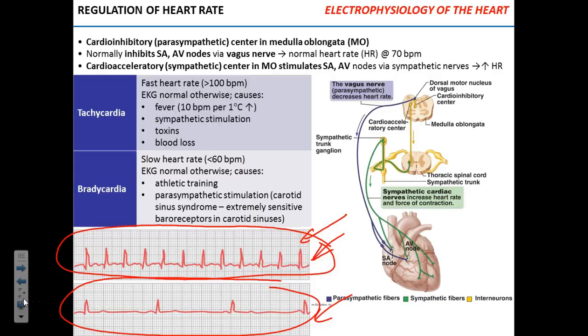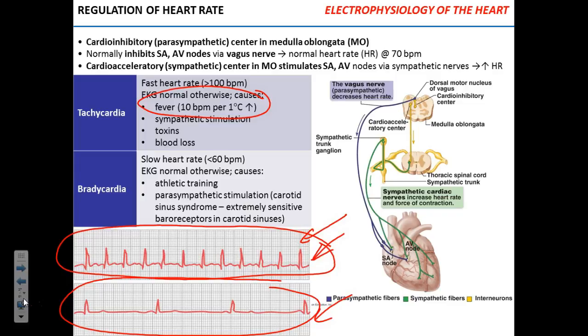Now, what else can cause extremely fast or too slow contraction? Fever. People that are feverish have higher heart rate because all metabolic processes are increased and the exchange of nutrients and exchange of gases has to be accelerated as well.